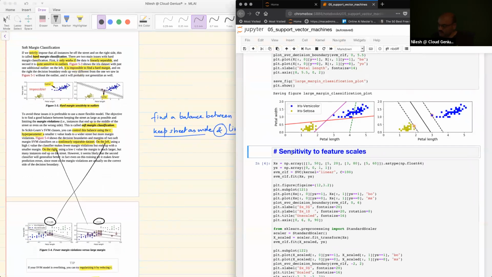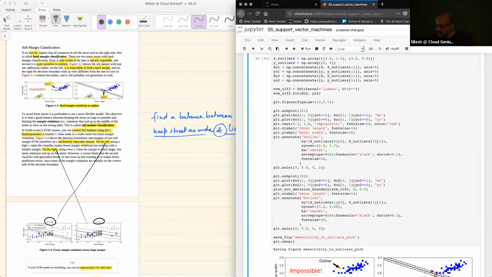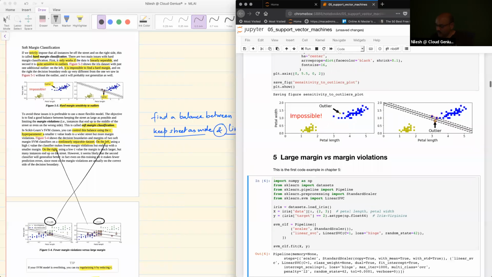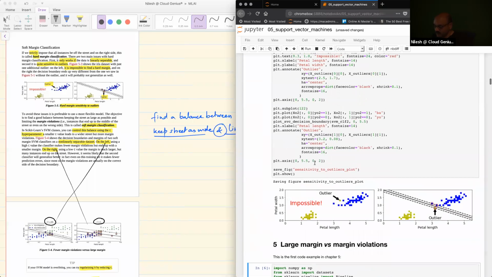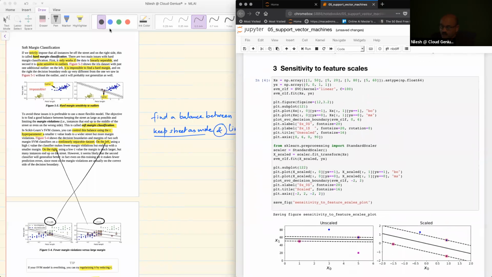So sensitivity to scaling features and sensitivity to outliers. Okay, I think I executed them. So now I'll go and discuss one at a time, beginning with our sensitivity to feature scales.